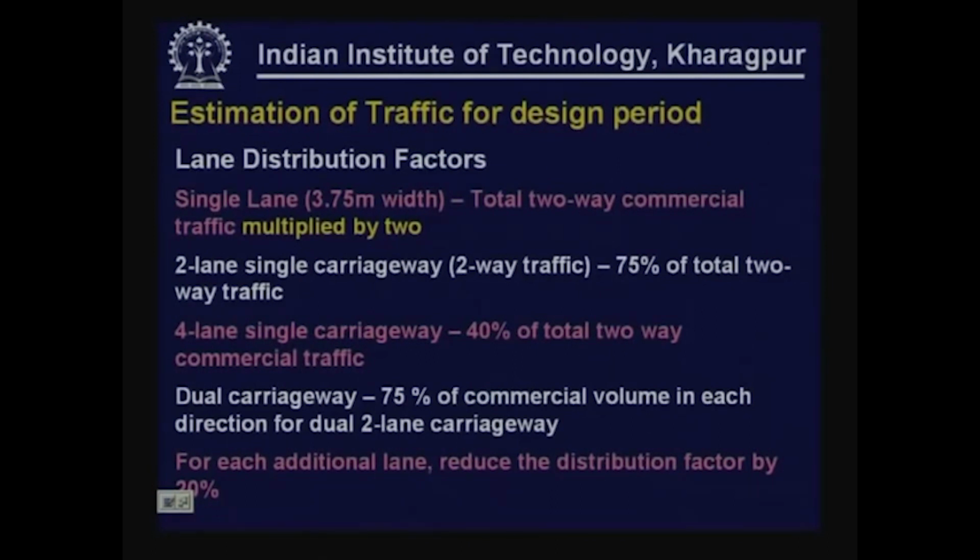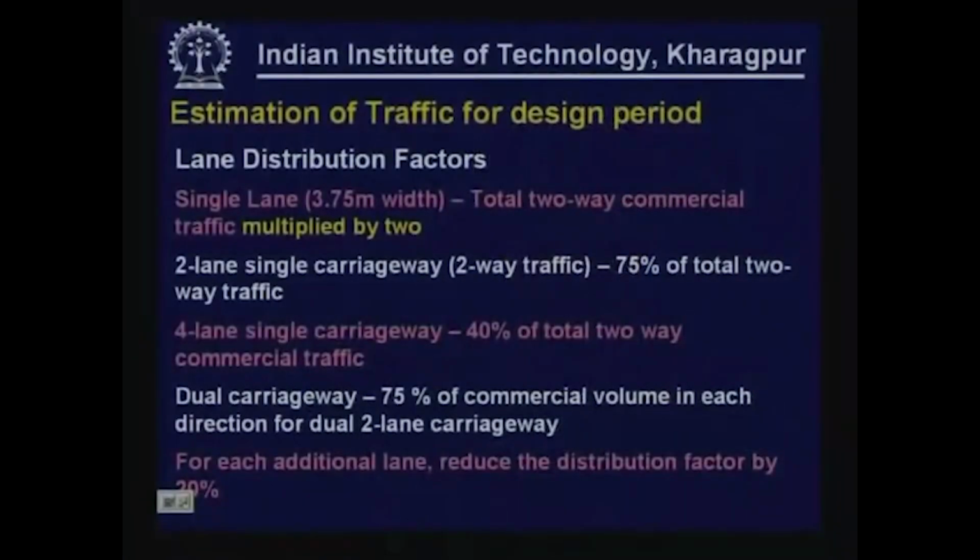If you recollect the guidelines given in IRC 37, which is for design of flexible pavement and has been revised subsequent to 1997, there the lateral distribution factor taken for single lane roads is 1, that is, we are going to take 100% of the total two-way traffic. However, in the case of IRC 81, this provision of multiplying the total two-way traffic by 2 still remains.